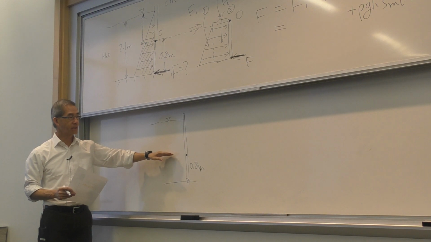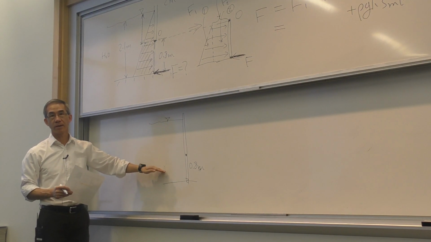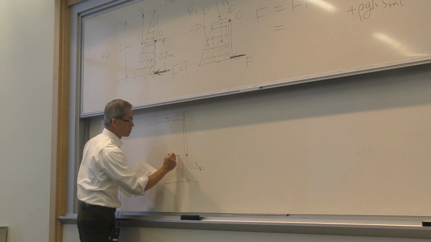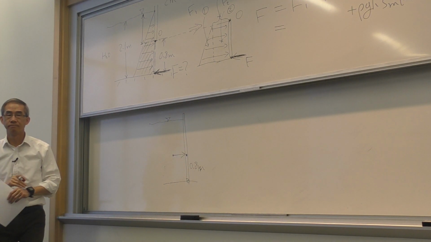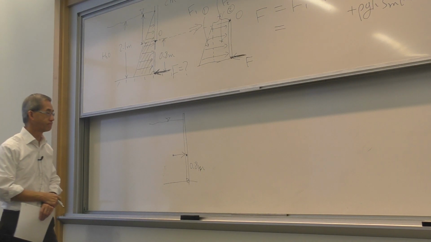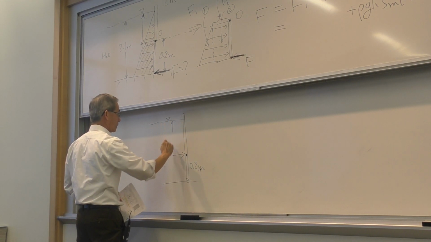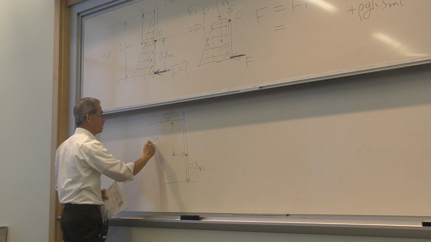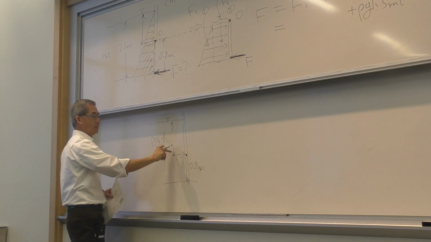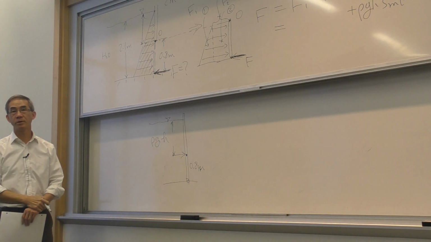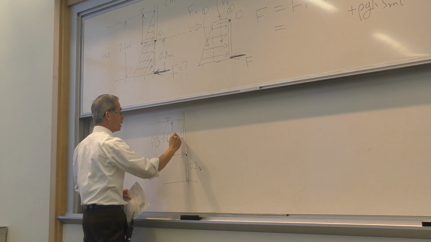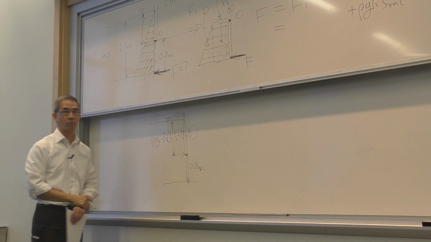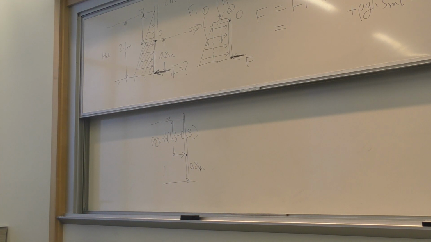I have 0.8 meter depth on this water tank. What is the pressure right at this 0.8 meter from the bottom? I will need rho g times whatever height I have from the free surface, which is 1.3 minus 0.8. Does that help?